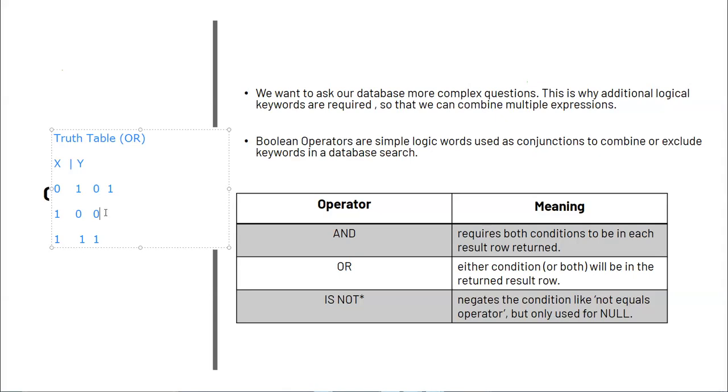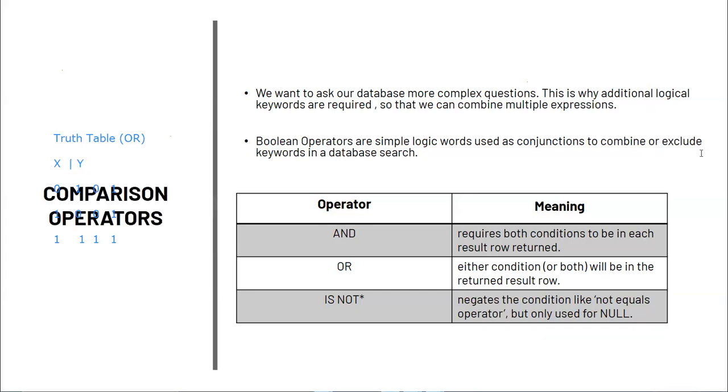If this is 1 and 0, this will be 1. If this is 1 and 1, it is still 1. So that is the OR table. That is what the OR logical operator table looks like. Okay. So I just used that to explain so that we have a clear understanding of what we are looking at.